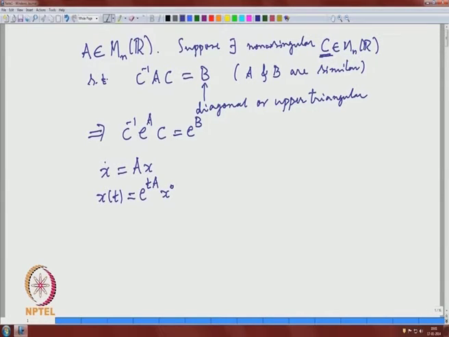Now, through a similarity transformation we transform this given system into y dot equal to B y, and similarly y of t is given by e to the t B y naught. Okay. And when B is this simple, either diagonal or upper triangular, this is very easily computed.